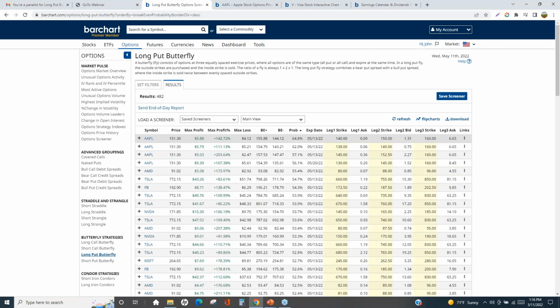So max profit and max profit percentage is directly related to our probability, but it also is related to our body selection. Again, either I'm going to look for a body that is at the money, right near current price, or if I have a bias, I could look for a body that is slightly in the money or slightly out of the money.